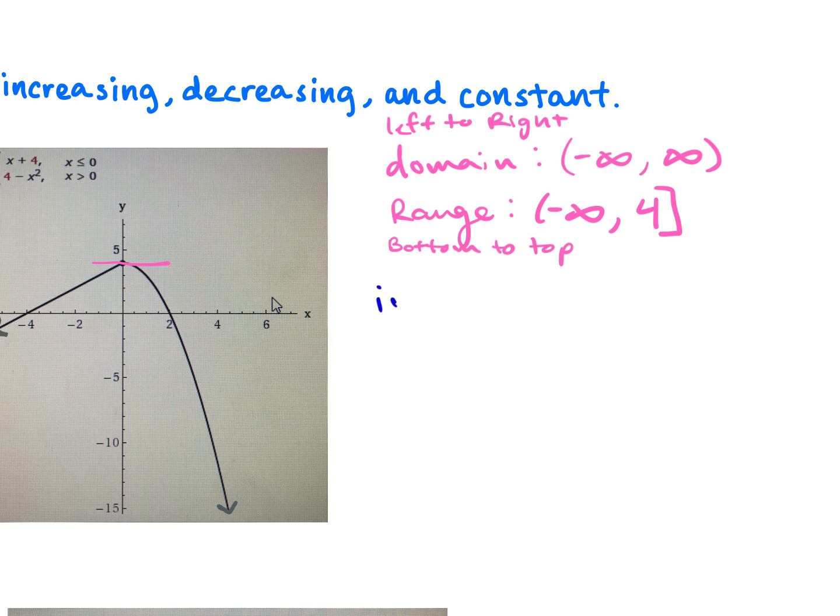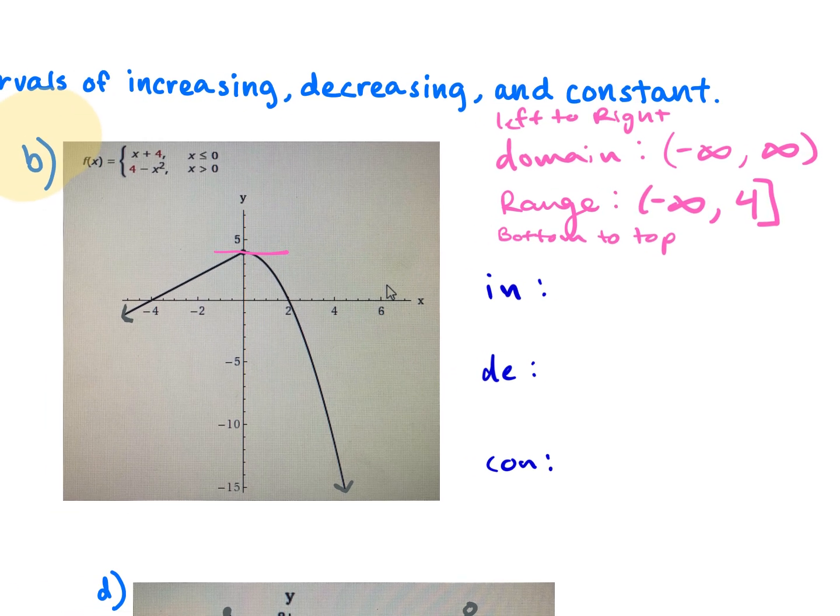Now let's do our intervals of increasing, decreasing, and constant. Well, just like how we read from left to right, we read a graph going from left to right. So if I started at the left, would I be walking uphill or downhill? Uphill, so I'm increasing here. Increasing from where to where?